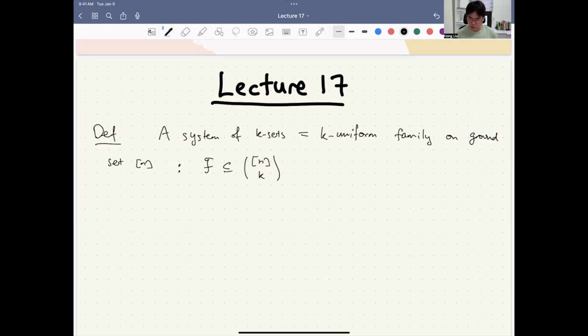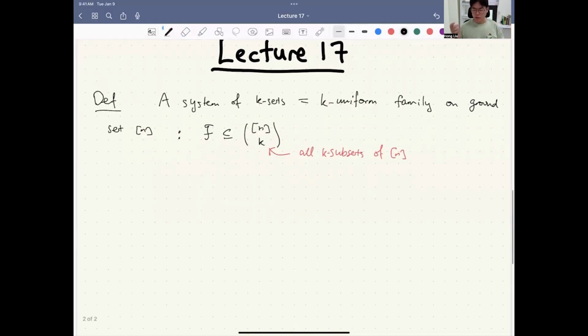So this notation is all k-subsets, all subsets of size k.